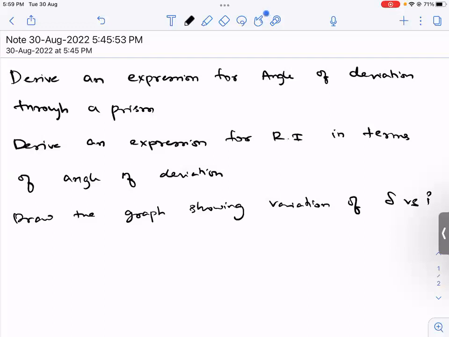That's right. The diagram for minimum deviation, next time. I told her it's good.